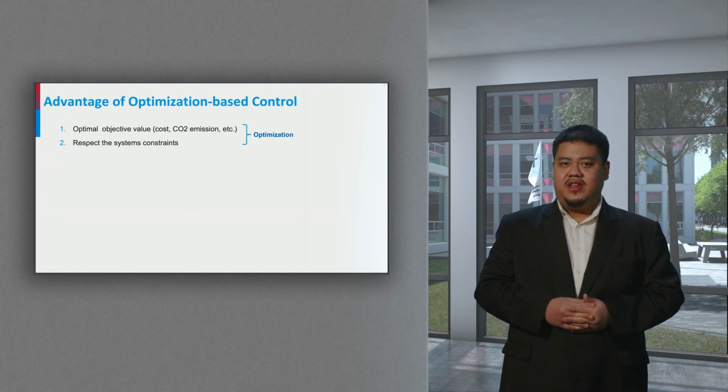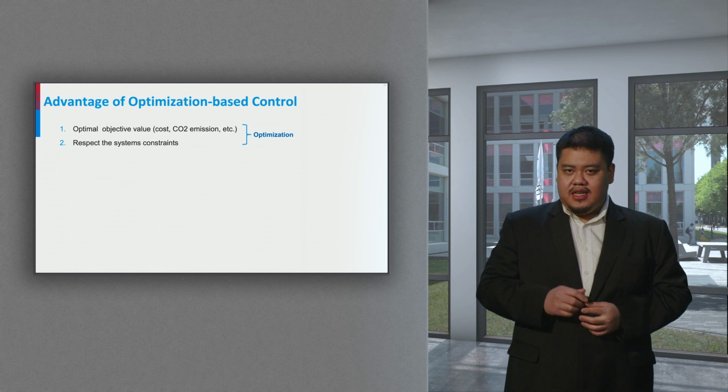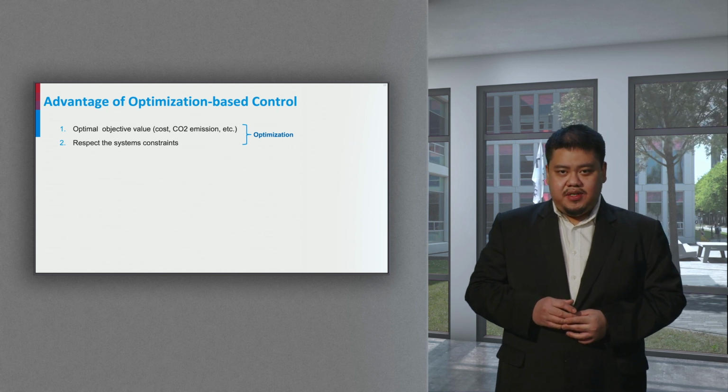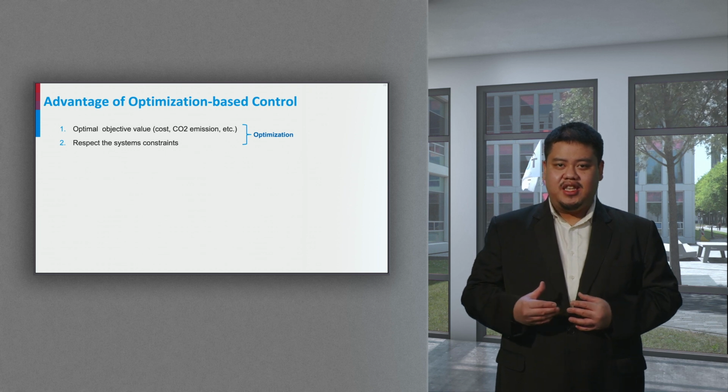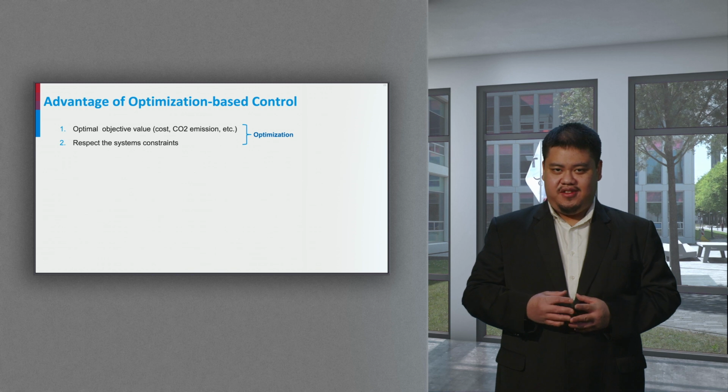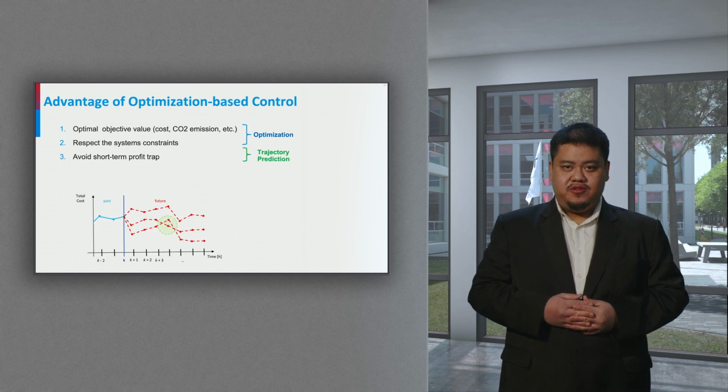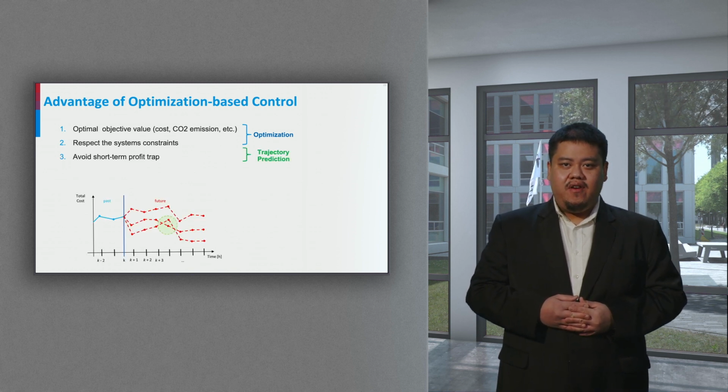MPC has some advantages. Thanks to the optimization features, the resulting control signal or decision will optimize the objective while respecting the operational limitation or constraint. Due to trajectory prediction features, we can avoid the short-term trap.